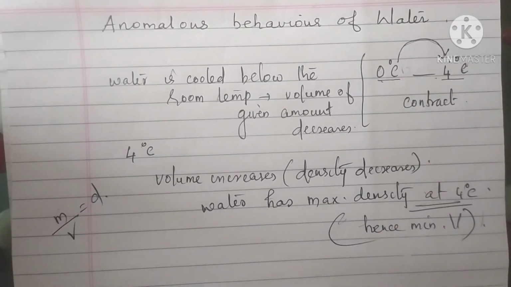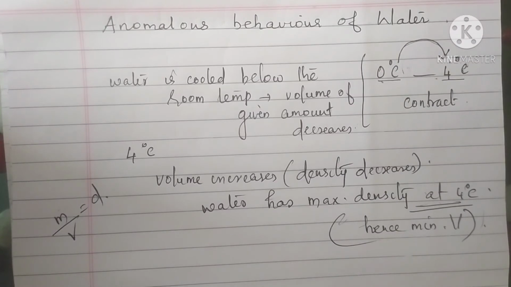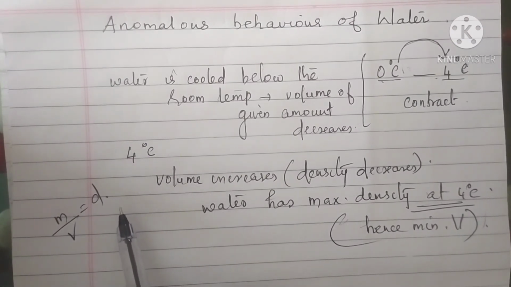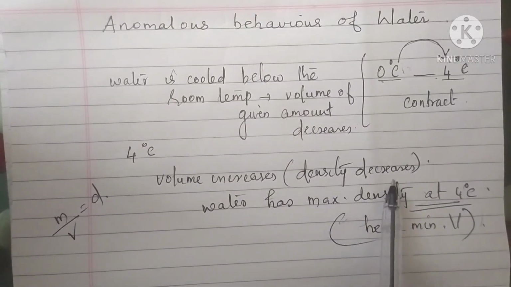Clear for you? So as the water is heated between 0 degrees Celsius and 4 degrees Celsius, instead of expansion, it will contract. Then when water is cooled below the room temperature, the volume decreases until 4 degrees Celsius, and below 4 degrees Celsius the volume increases, which means the density decreases.